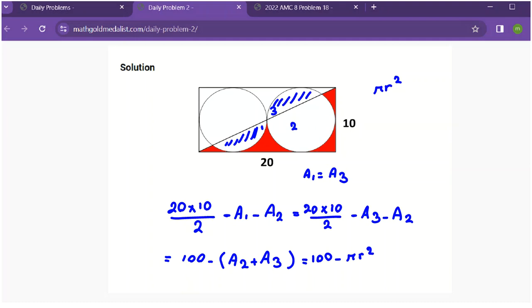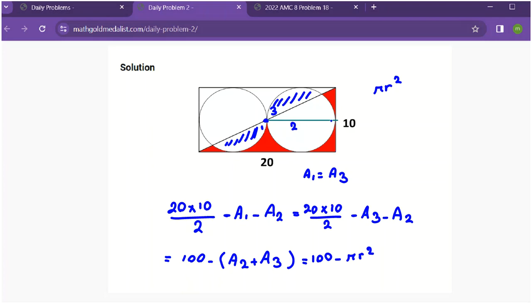Let's see how we can find this. If we connect this point to this point, we know the diagonal passes through this common point by symmetry. It is 20.